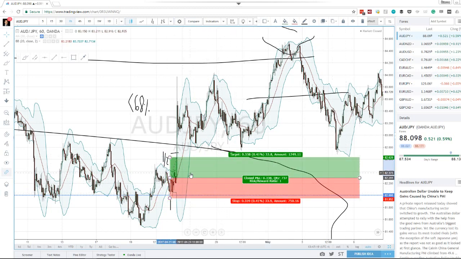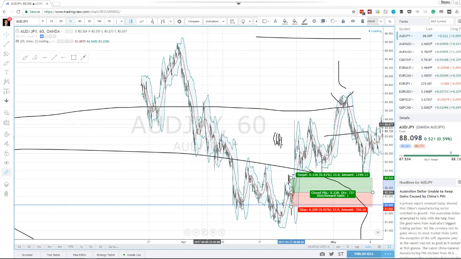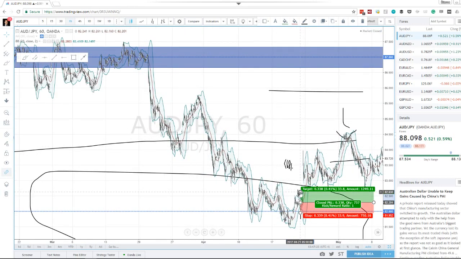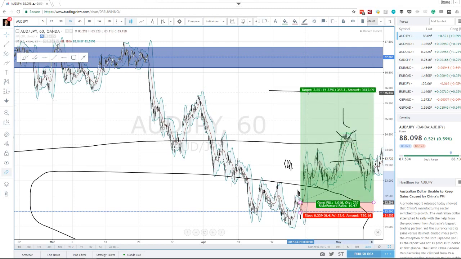Then the second half is going to be a higher take profit. One of them could be here, opposite setup. The other one could be here. One gives you 3-to-1 or 4-to-1, one gives you 5-to-1. This one, if you really want to be ambitious, gives 10-to-1.